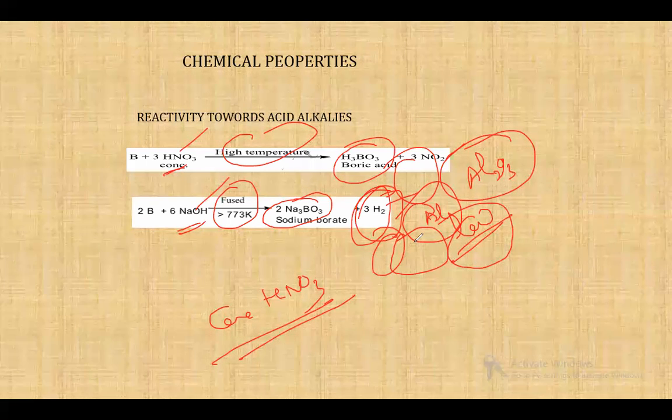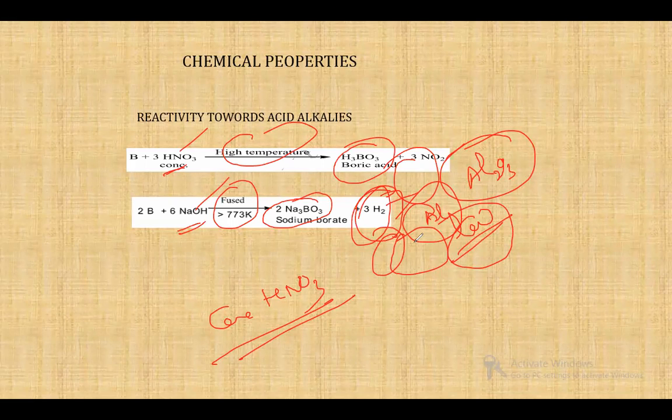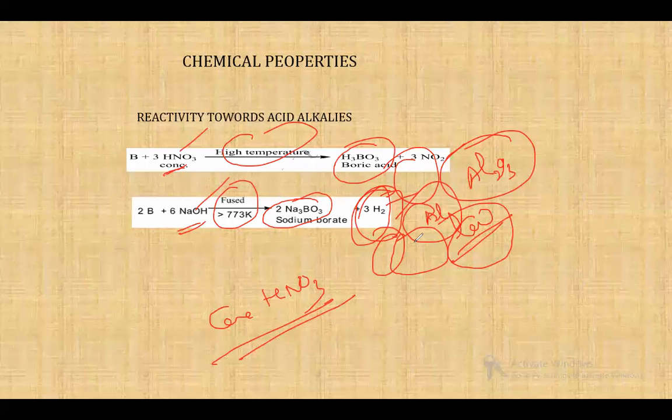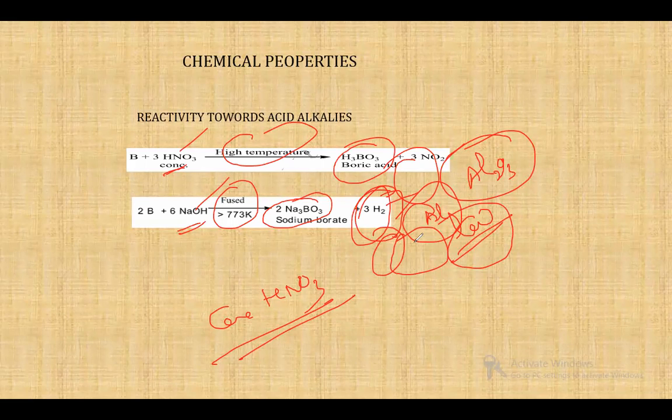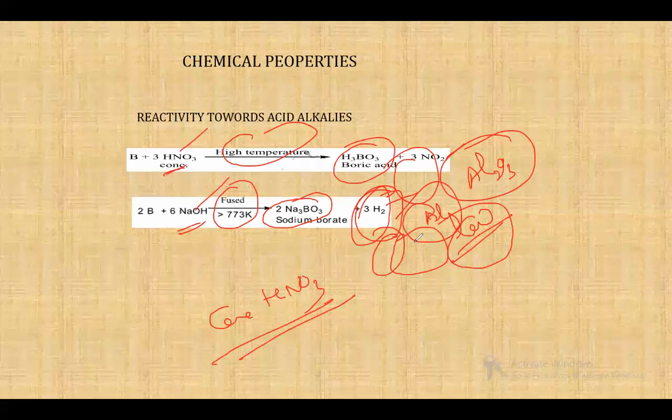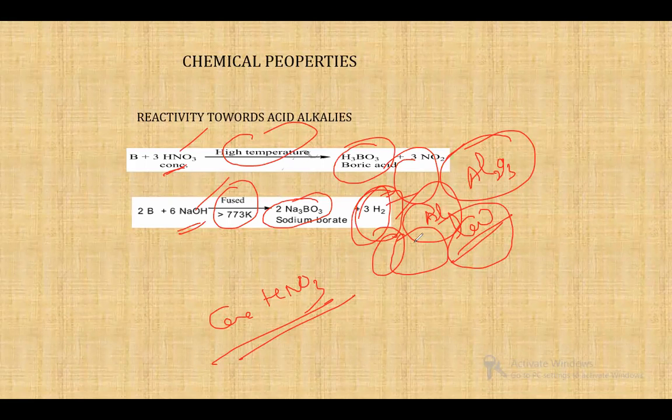Next, aluminium. Like boron, aluminium reacts with acids and bases, the alkalis, the water soluble bases, forming the respective oxides, as with boric oxide. What we discussed in the earlier class: aluminium reacts with oxygen to give aluminium oxide.